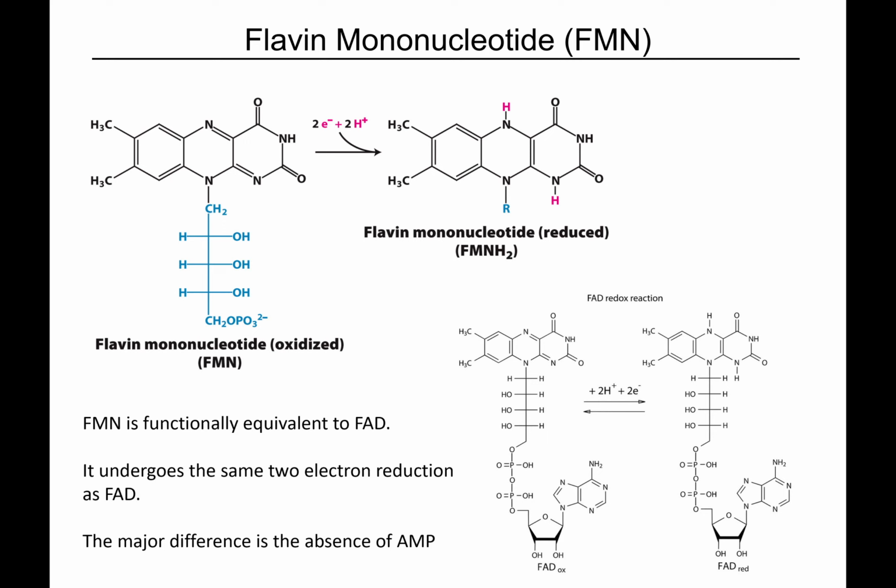This is the flavin mononucleotide, as compared to FAD, which is the flavin mononucleotide linked up to a diphosphate and basically linked up to an ADP. So electronically equivalent, the flavin part's the only part that really matters in terms of electron transport. But it doesn't have this ADP linked up to it. That's the big difference.